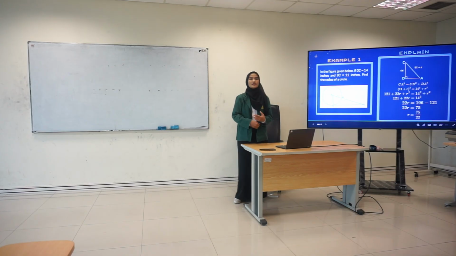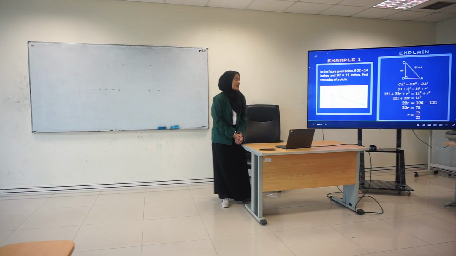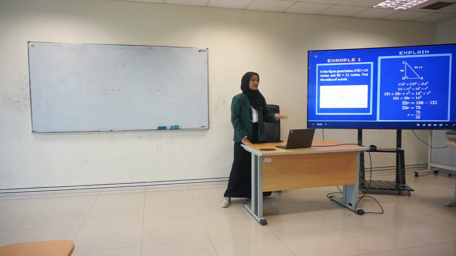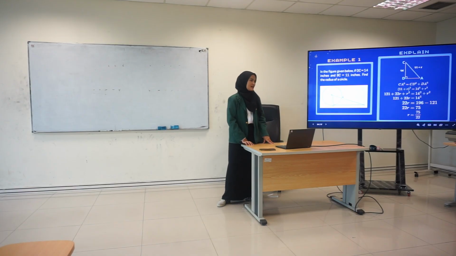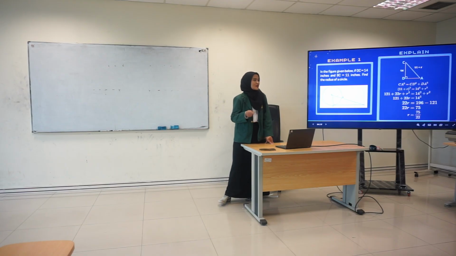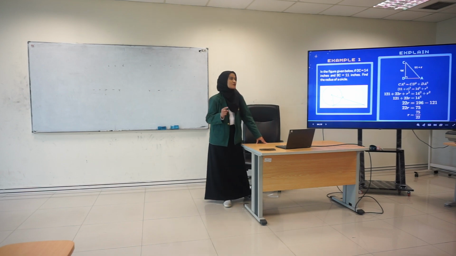Then we substitute the values. CA is 11 plus R, CD is 14, and DA is R. Then we expand 11 plus R squared on the left side of the equation, so we get 121 plus 22R plus R squared.